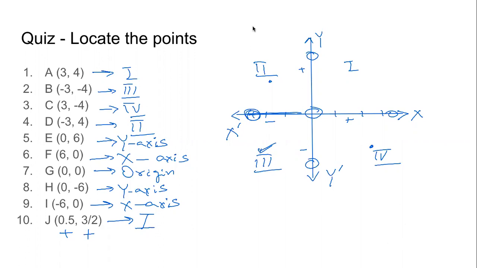Very simple. So when we are trying to answer this question, either in rough or in fair, let us draw a simple coordinate system so that it becomes easier for us to answer. Check your answers, confirm. If you have a doubt, raise your hand.